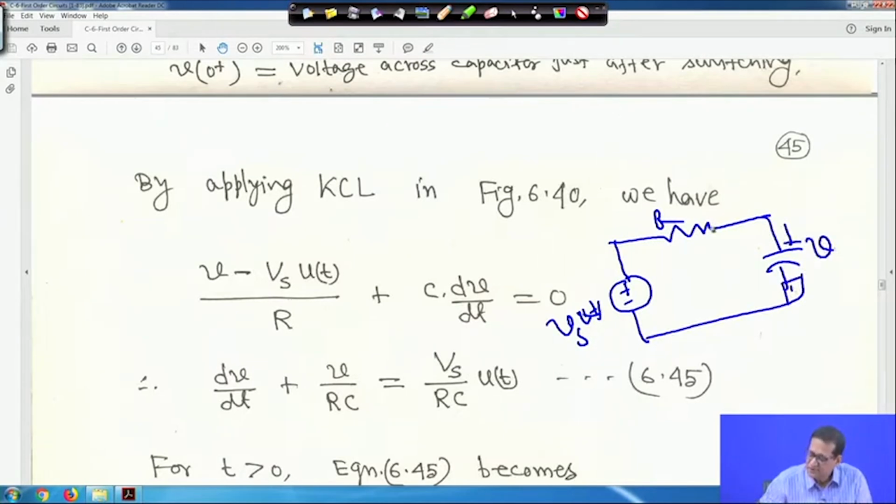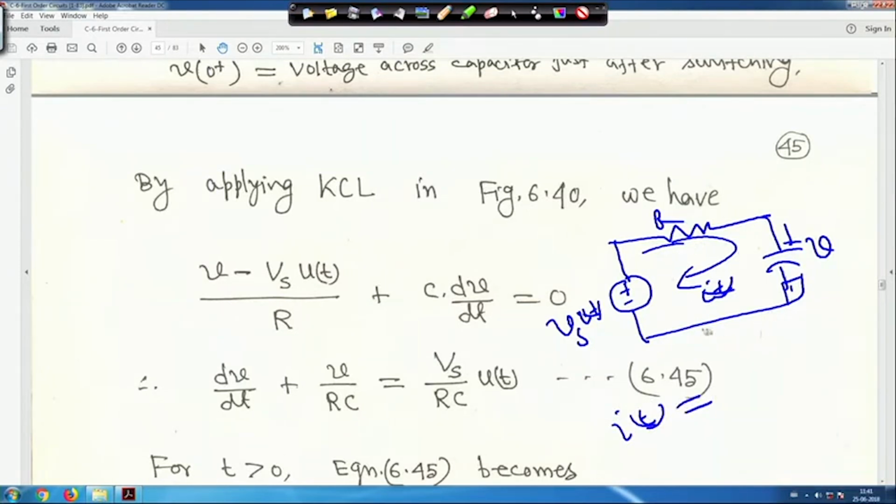So, if the current direction was taken like this, I(t) is equal to, we wrote, I_R, that is (Vs u(t) minus V) divided by R. This is in this direction, clockwise.